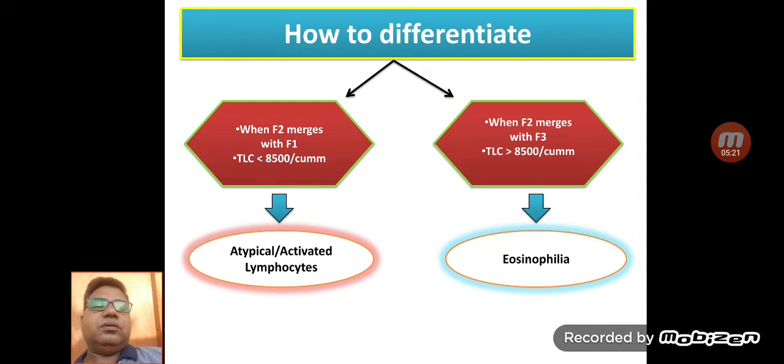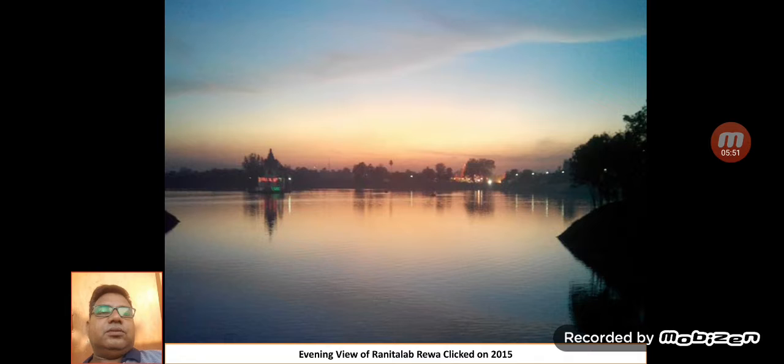When you see such cells, we can conclude that this might be a patient with viral infection. On the other hand, when the F2 merges with the F3 and the total leukocyte count is more than 8500 per cubic mm, usually such patients will have eosinophilia. So by seeing the merging of the F2 flag with the F1 or F3, we can easily differentiate these two conditions.